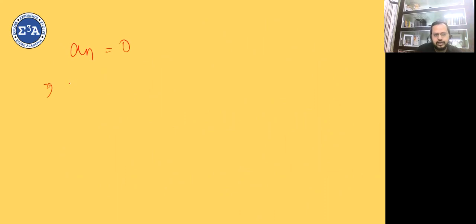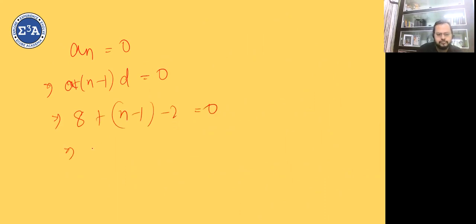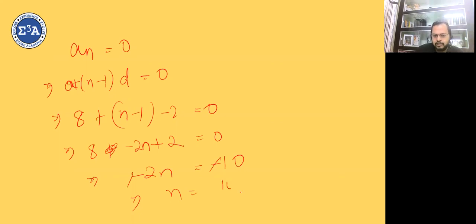an 0. ठीक है, a plus n minus 1 into d is equal to 0. a का वैल्यू आया 8, d का वैल्यू आया -2. 8 plus -2n plus 2 is equal to 0. 8 plus 2 is 10. 10 उधर जाएगा तो -10 हो जाएगा. n is equal to, माइनस रिमूव हो गया दोनों तरफ से, 10/2, that is 5.